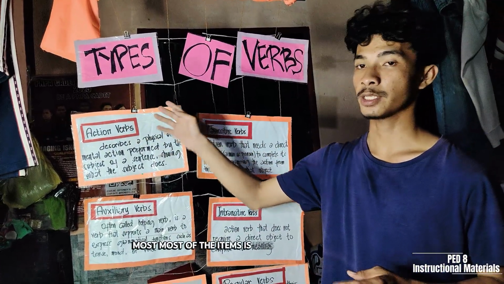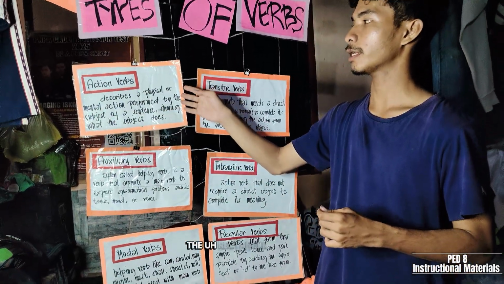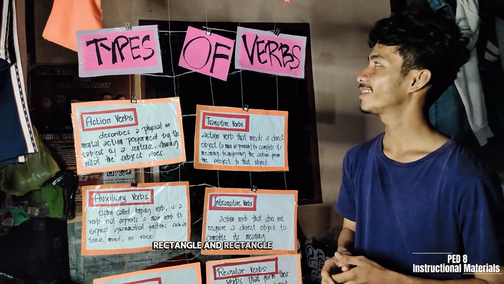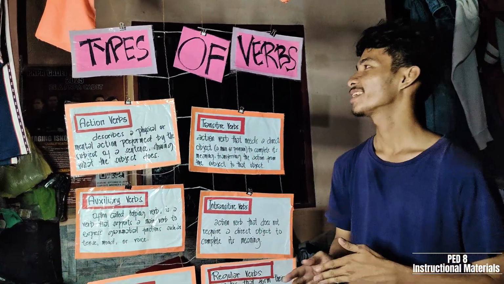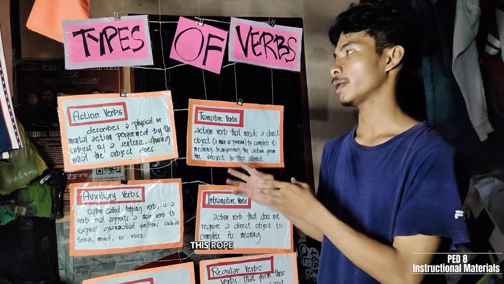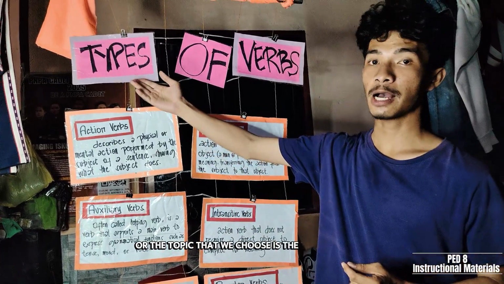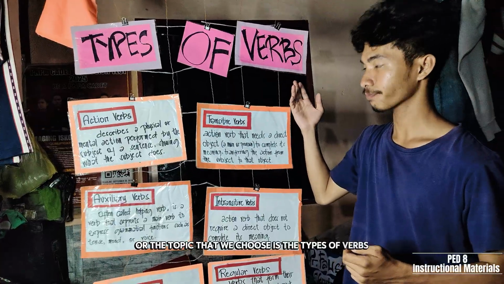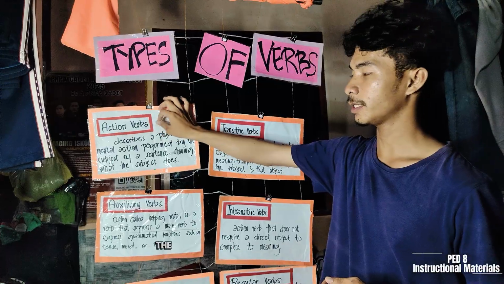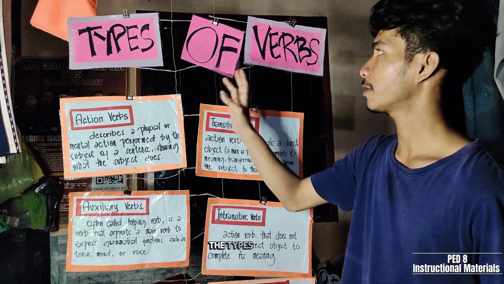Most of the IMs use geometric shapes: rectangles and a square. Within this rope and pole display, the topic that we chose is the types of verbs. This part has a border highlighting the types of verbs.